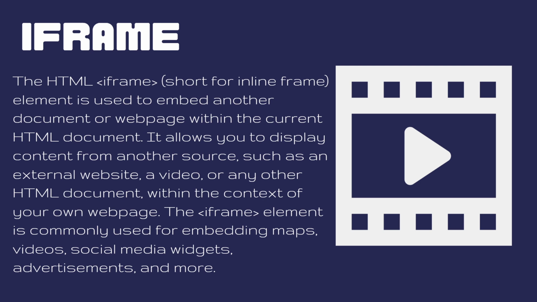So it allows us to display the content from another source, such as an external website, a video, or any other HTML document within the context of your own web page. The iframe element is commonly used for embedding maps, videos, media widgets, advertisements, and more. So yeah, it lets us basically copy and paste an element from a different website.